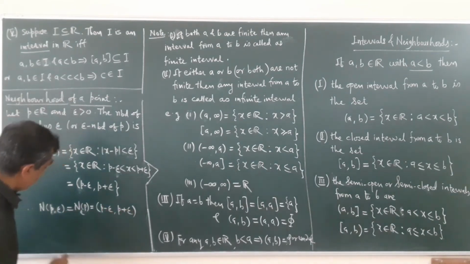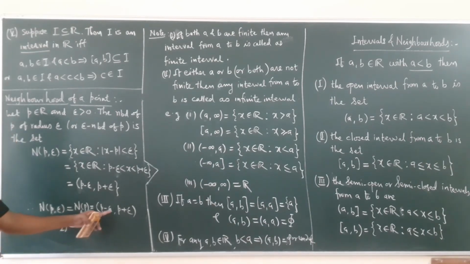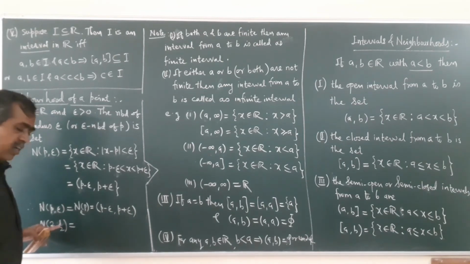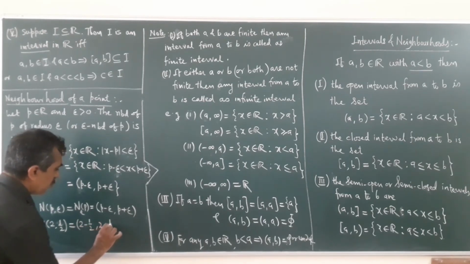For example, suppose I ask you what is the neighborhood of 2 of radius half. So P is 2 and epsilon is half. So it is the open interval (2 minus half, 2 plus half).